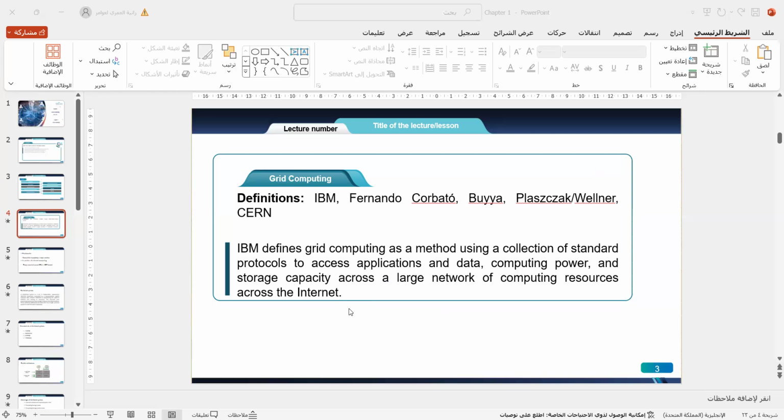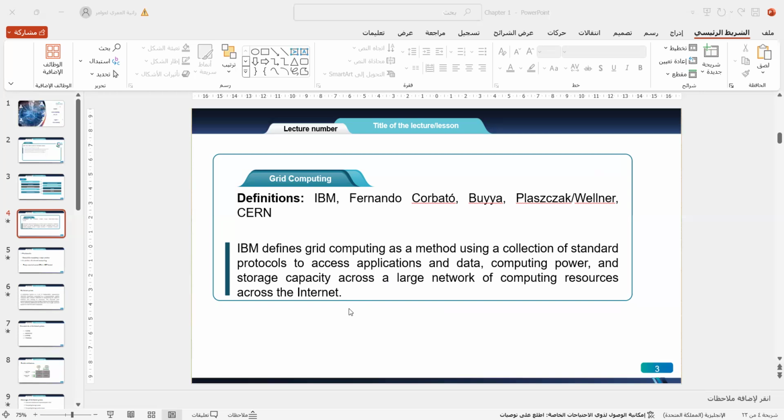For the second type, which is provider or grid node, a provider or grid node is a computer that contributes its resources to the network resource pool. Finally, the last type, which refers to user, a user refers to the computer that uses the resources on the network to complete the tasks.